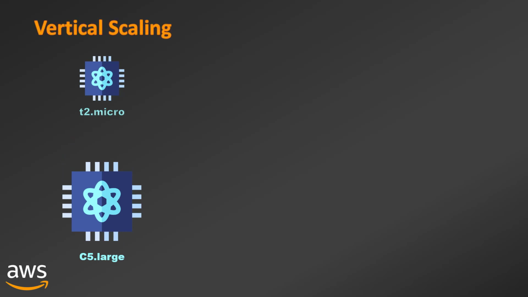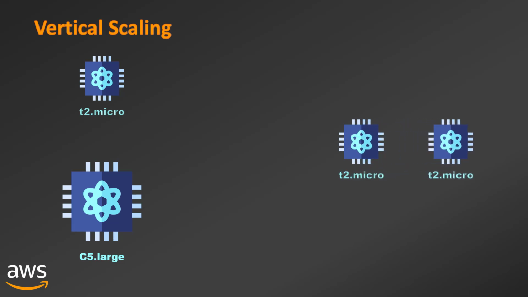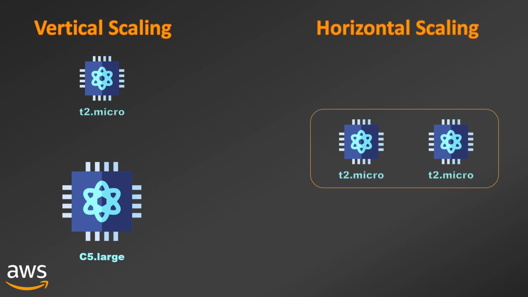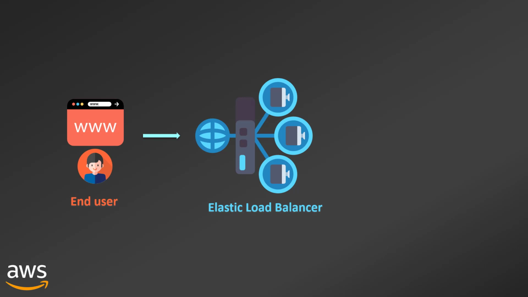Or you have another option: you deploy another T2 micro instance and create a group of two instances to handle that load. This type of scaling is known as horizontal scaling. Now this load will be distributed among two T2 micro instances to improve the user experience.